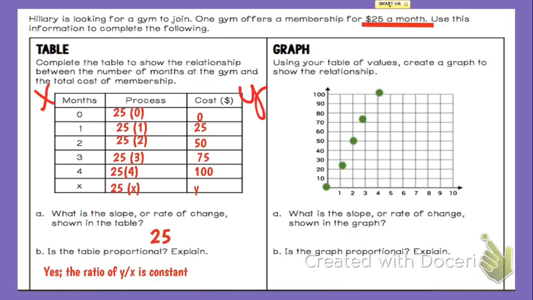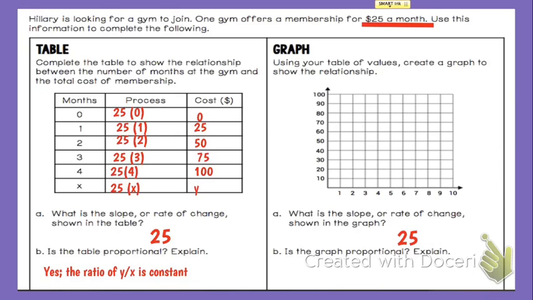So when I draw my line, it should go straight through the points, and it is constant. Okay? So what is the slope or rate of change shown in the graph? Well, the slope or rate of change shown in the graph is 25.